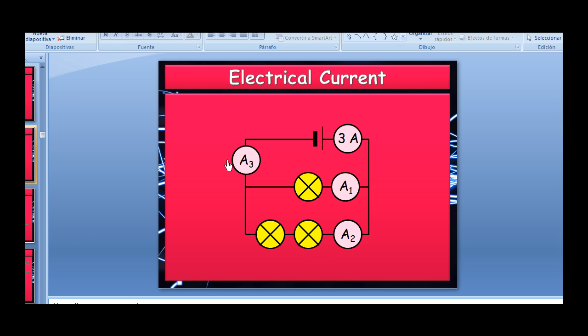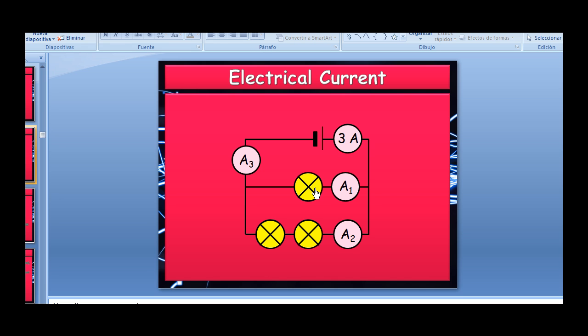Okay, so what's happening here? Now we start to understand a little bit better what's happening, because we have a parallel circuit, two branches for the current to go through. There's 3 amps of current here, and here it's going to divide, right? How is it going to divide? Well, there's 1 light bulb here and 2 light bulbs there.